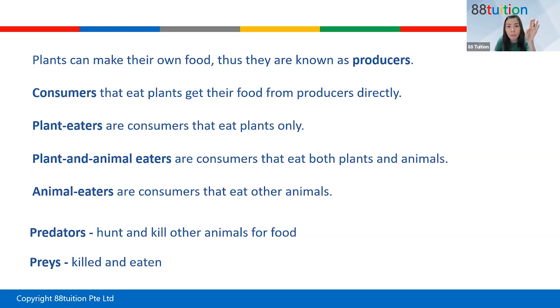That means you will not eat meat. Okay, Pranati, you are. For me, I only eat vegetarian food on certain days, so I'm partially a plant eater. But if you look at me as a whole, I'm a plant and animal eater. Most of us are. Unless you only eat other animals and do not eat plants, then you will be known as animal eaters.